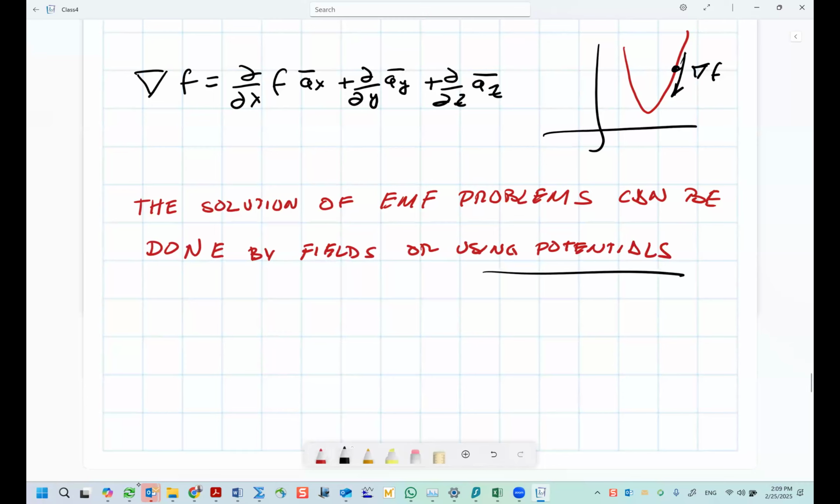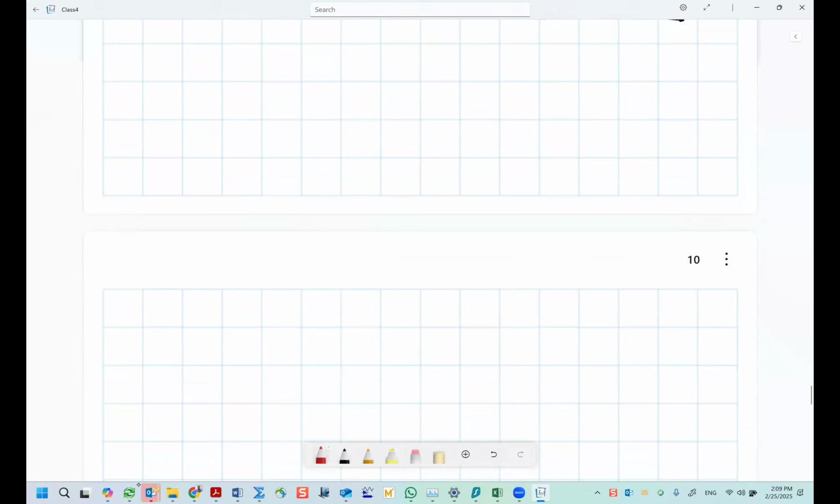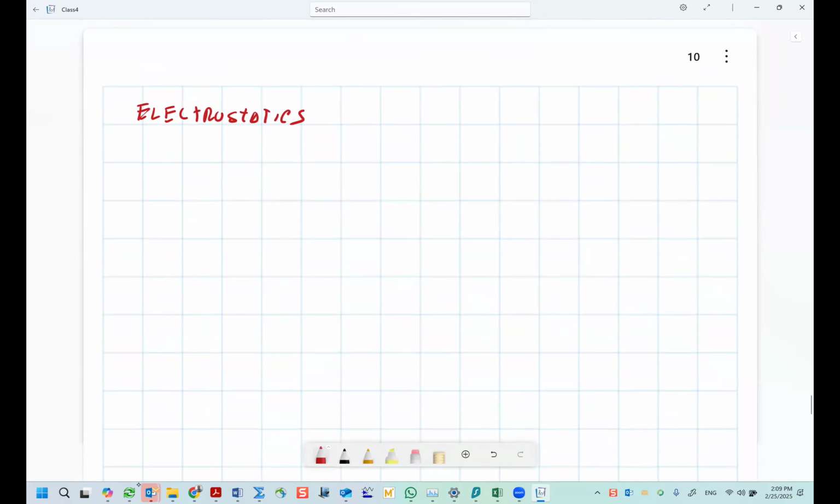If you can, you will use a potential. And frequently we can. Most practical problems can be solved using a potential. But if not, then we have to go to fields. And I am going to illustrate all this starting with electrostatics. Electrostatics is the easiest way to start.